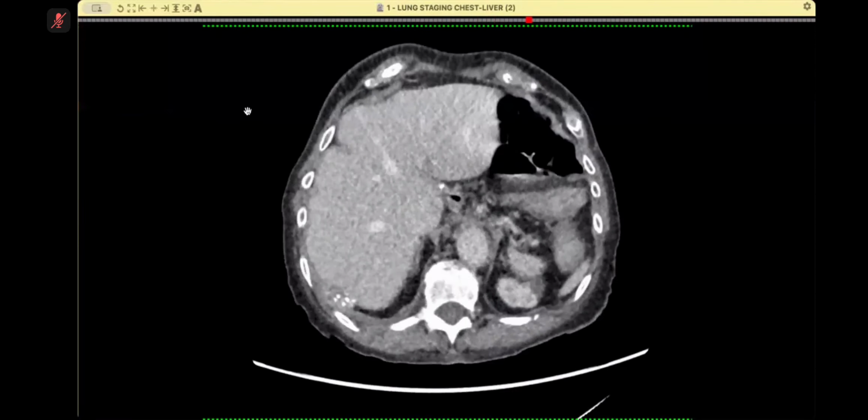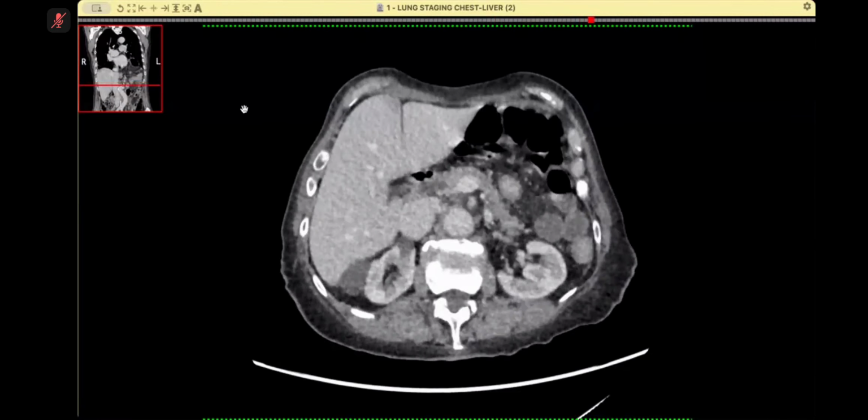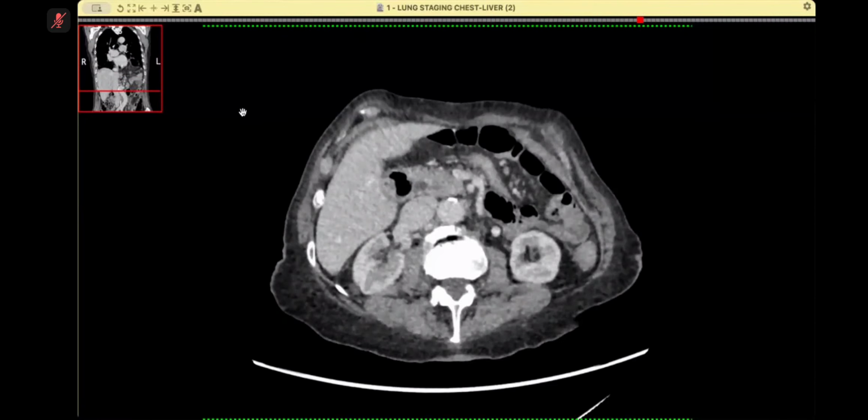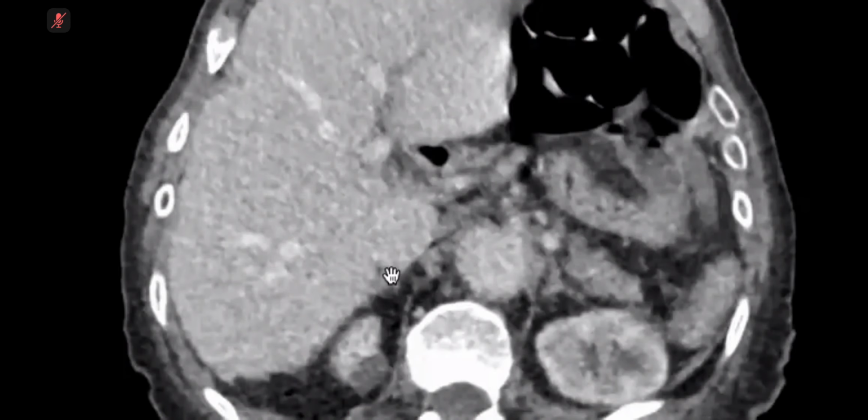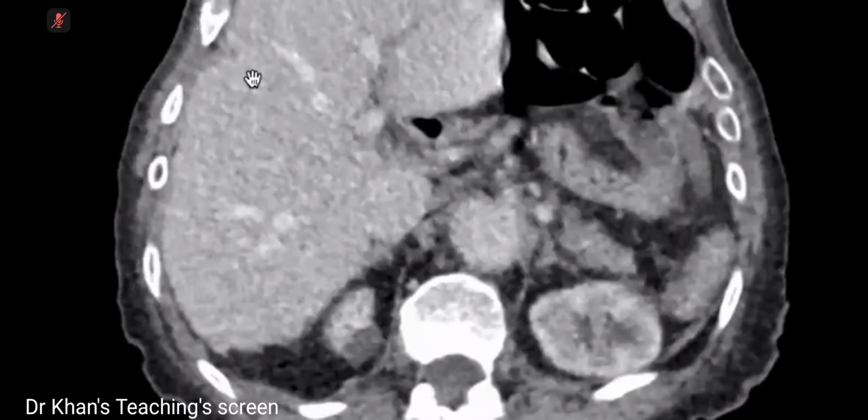That has caused this adjacent inflammatory change in the subphrenic region, as well as the right-sided empyema that is seen. And I would urgently convey my findings to the referring physician. Okay, thank you.